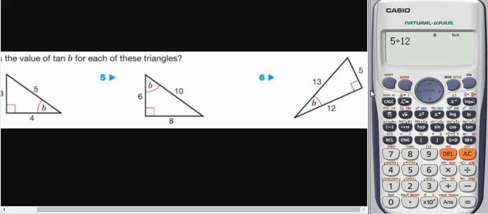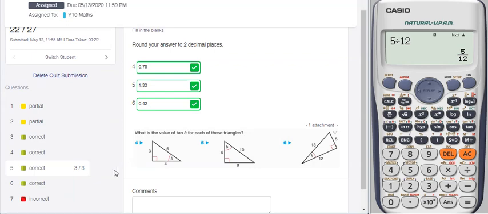So 5 divided by 12, that's your answer, okay? 0.42, you can write down like this, or 5/12, all right? Fine.